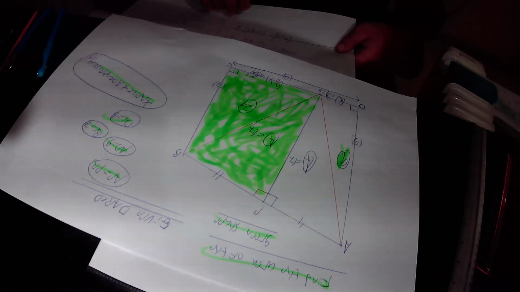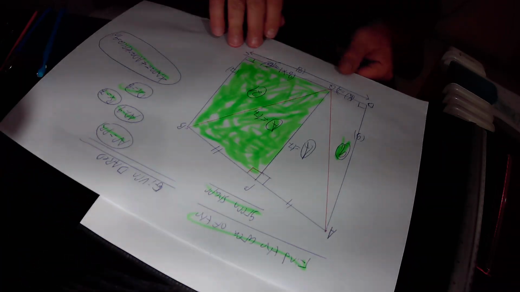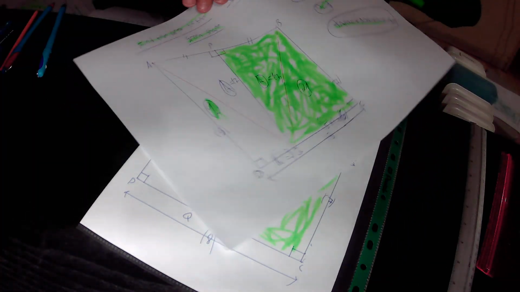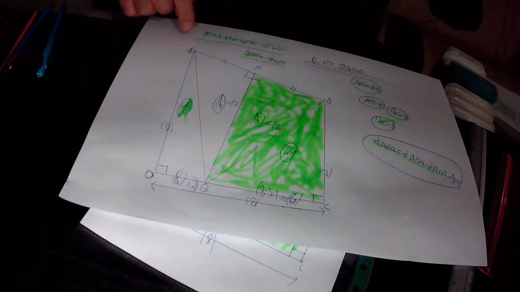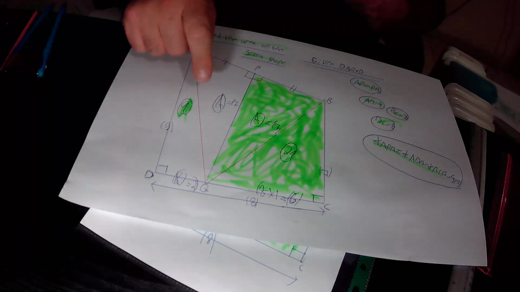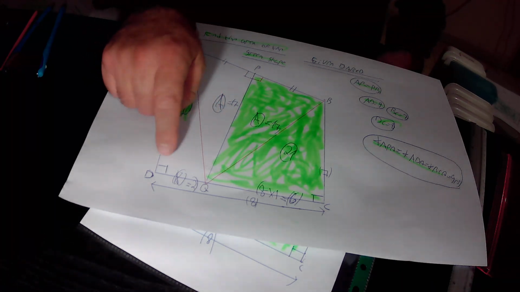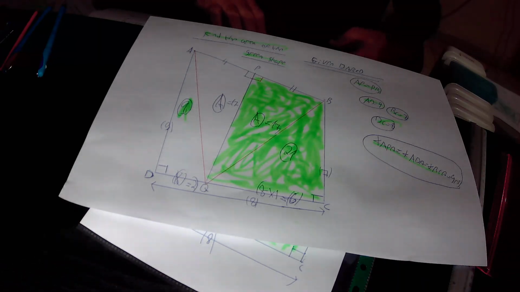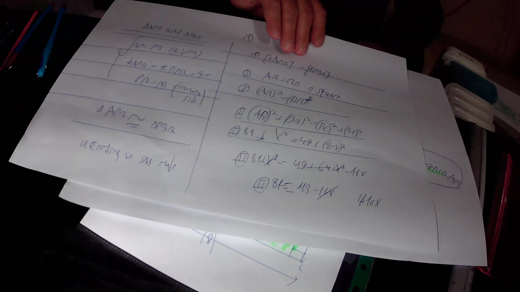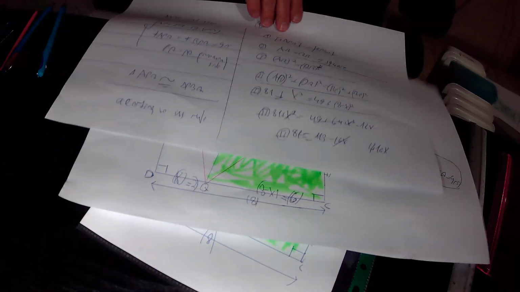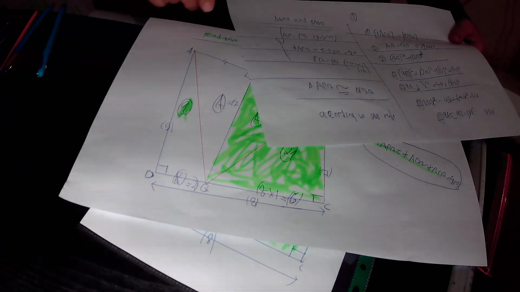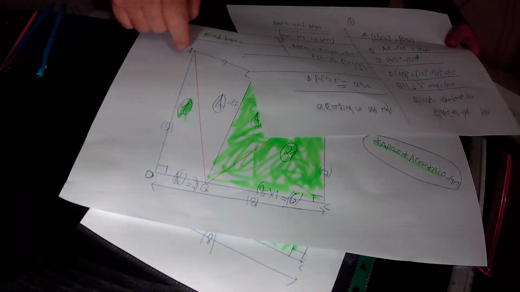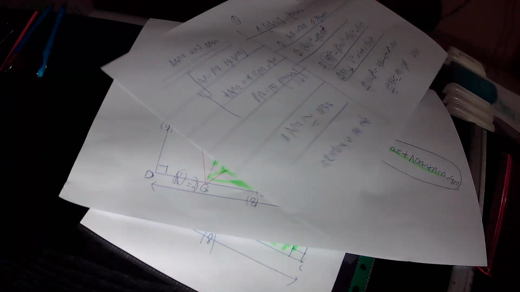Here we have AQ according to the quadrilateral. AQ square equals AD square plus DQ square. And again, according to the quadrilateral, AQ square equals AD square plus DQ square.